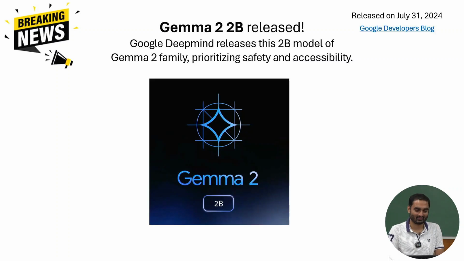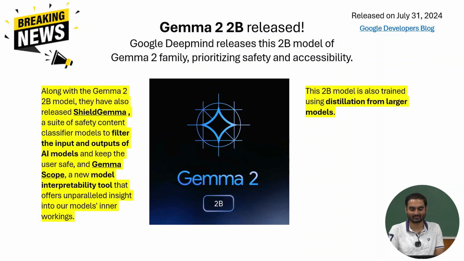Before that, today's breaking news. Can you guess what is going to be today's breaking news? Yeah, so Gemma 2 billion released, right? And this is one of the smaller language models proposed by Google, right? 2 billion model. This is essentially a distilled model from the bigger Gemini version of it, right? And it was also shown to be very effective in safeguarding some of the toxic content, right?